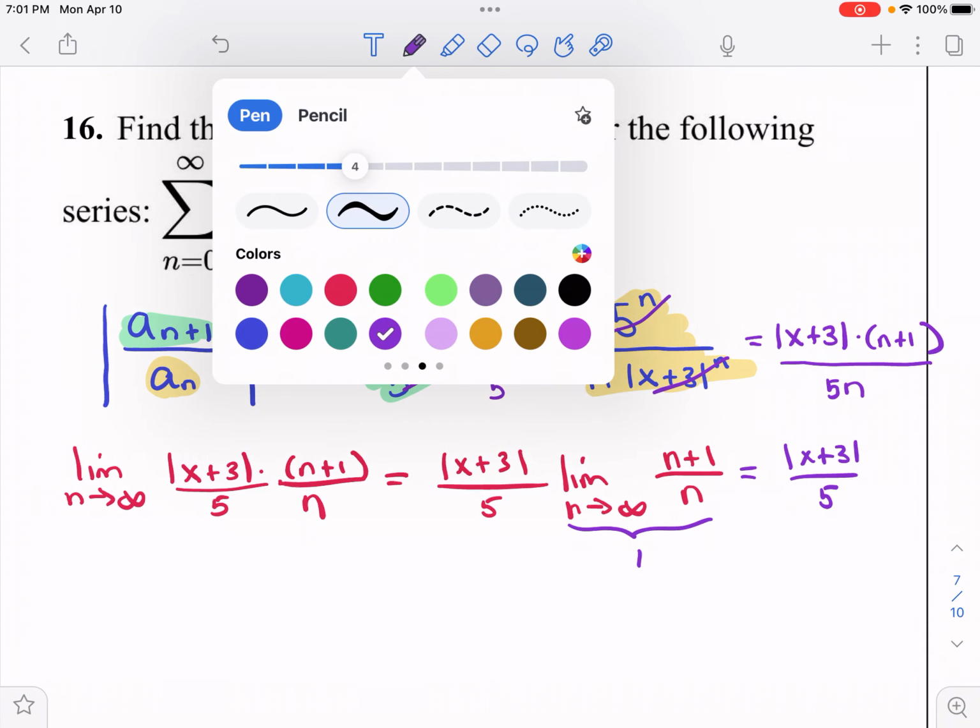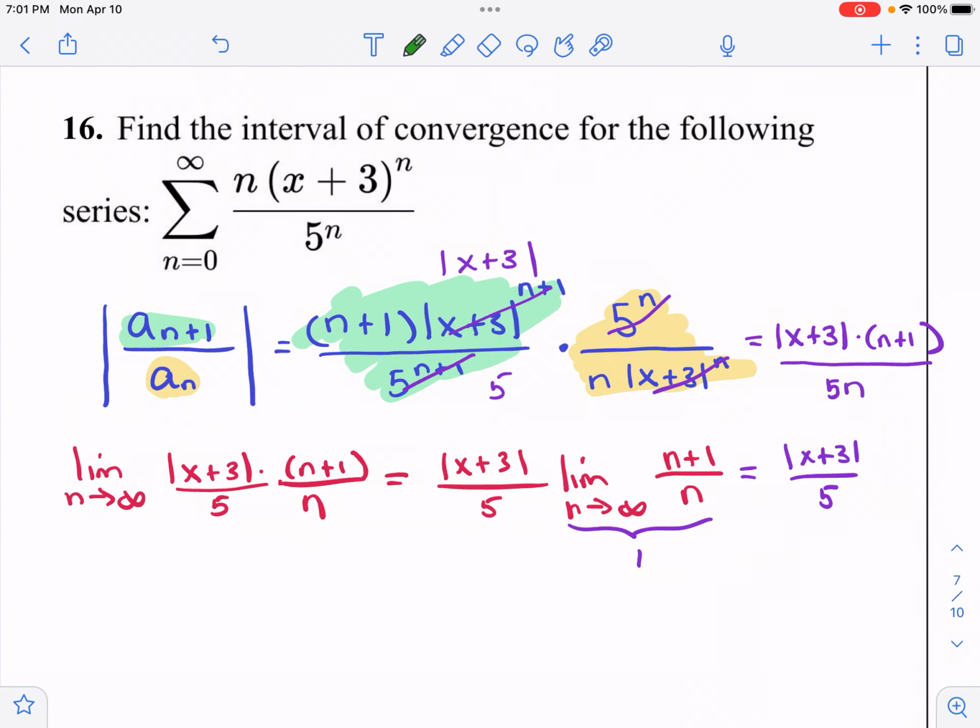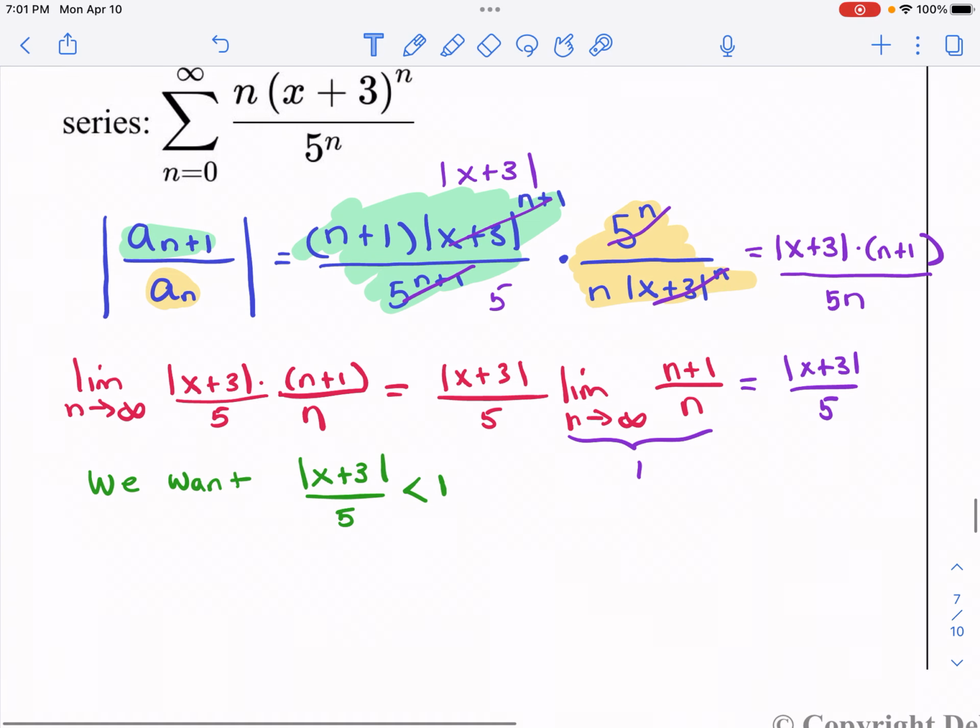All right, so that's an expression, and by the ratio test, we want all the x values that make this true. Sorry, this should be a 3. Okay, so multiplying through by 5.